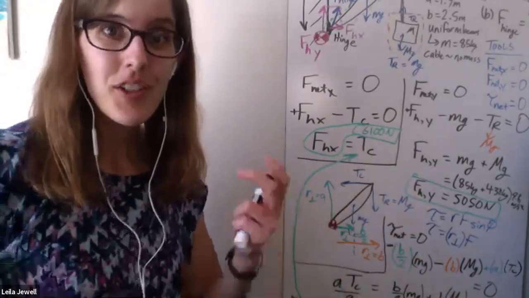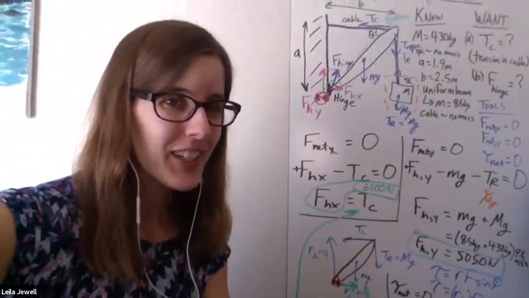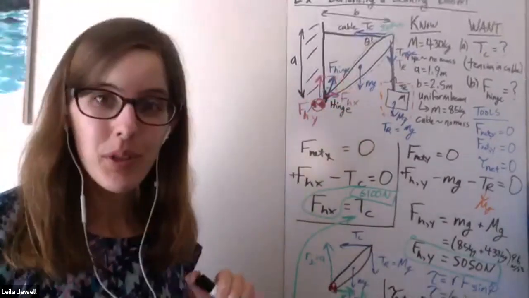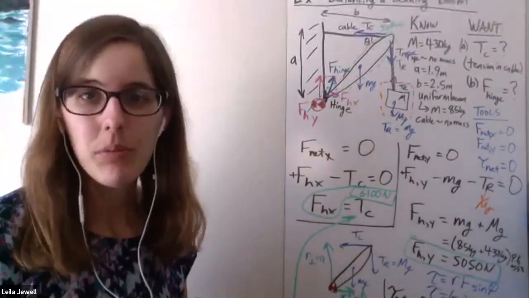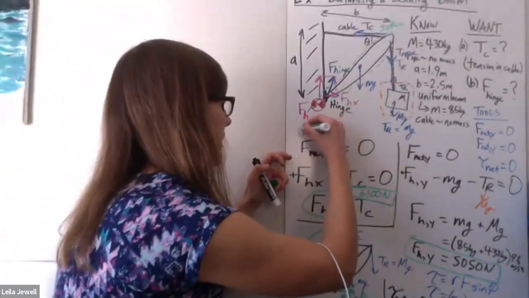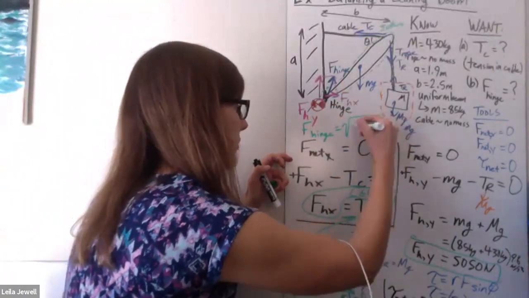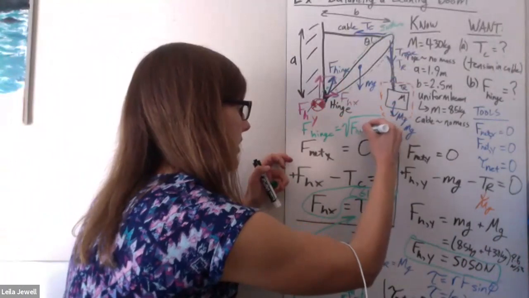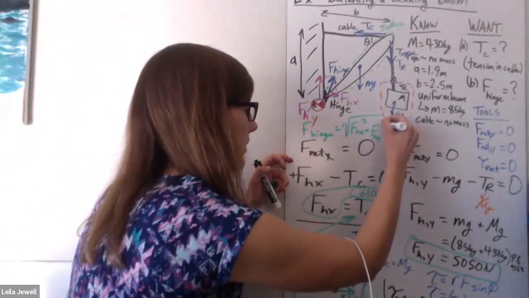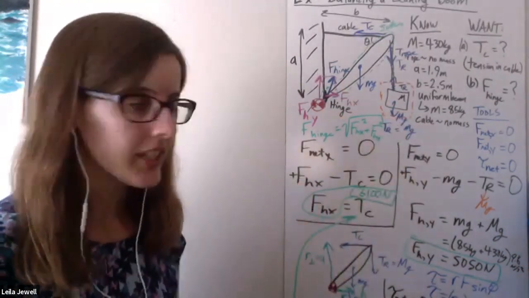To get the net force, we are going to have to do some Pythagorean theorem, because we can make a triangle here, and the x and the y components would be the two sides. The net would be the hypotenuse. So F hinge is equal to the square root of FHX squared plus FHY squared. Sorry, I've made a mess of that, filling that in there.